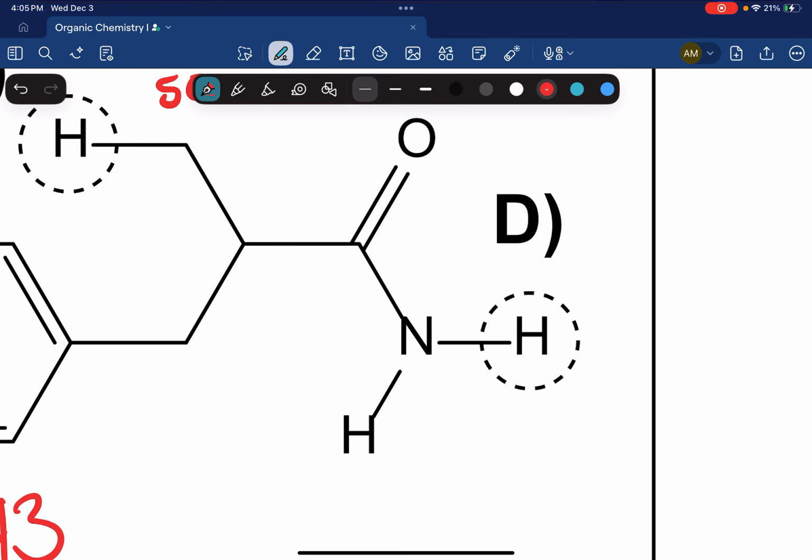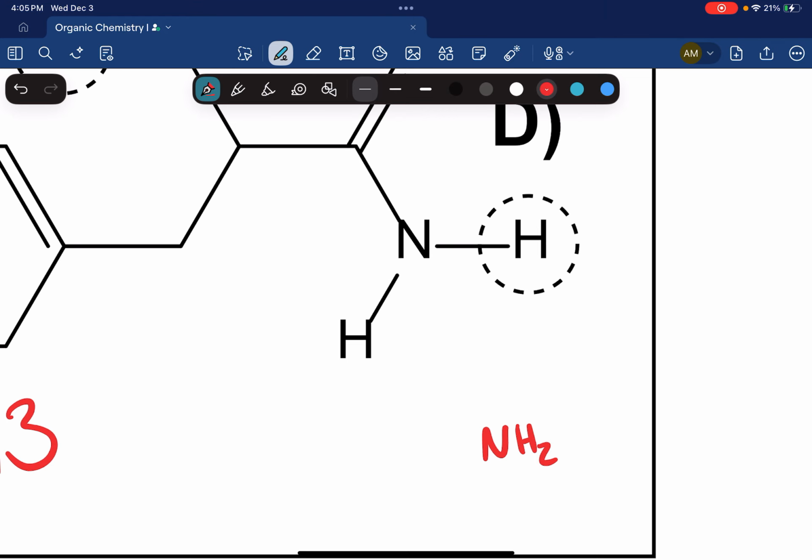And then you want to look for an NH2 connected to a CO, and then CH, kind of moving down there. So really you want to see an NH2 that's connected to a CO. Quickest one I found has a pKa of 16.